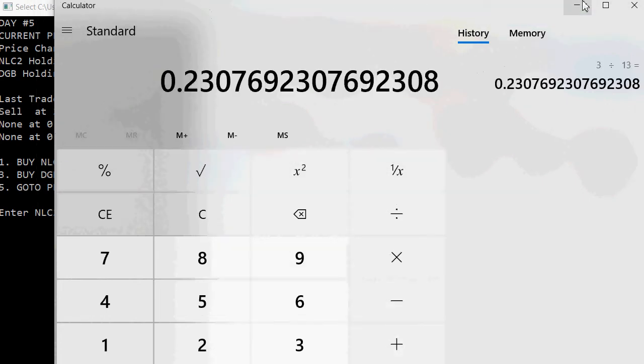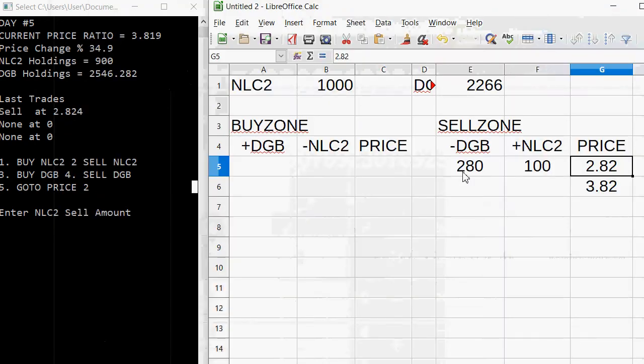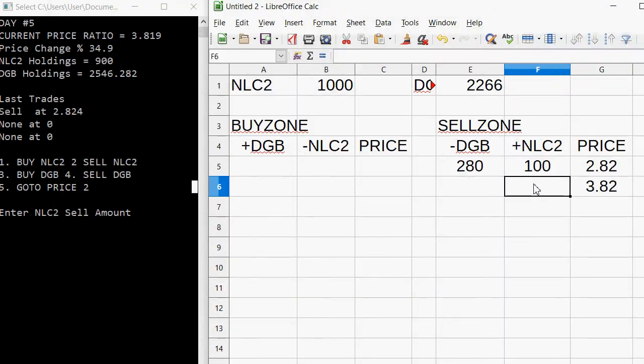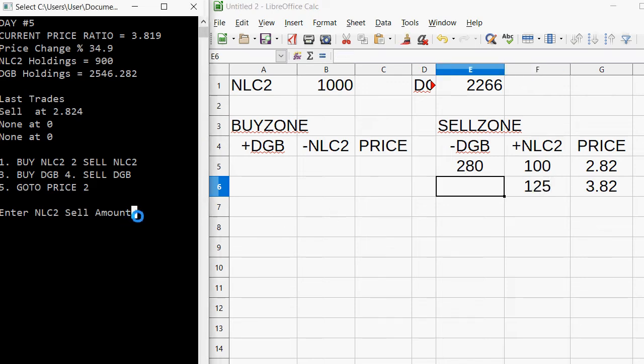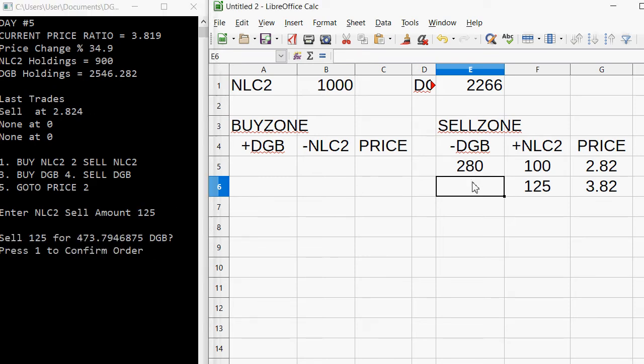I could unload 23%, but I don't want to sell that many. So maybe 1.25 would probably be a good number. So we'll go 125, and we would get 474 back in the opposite direction.